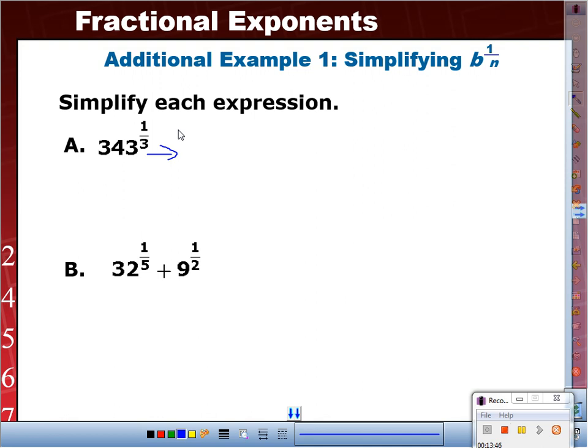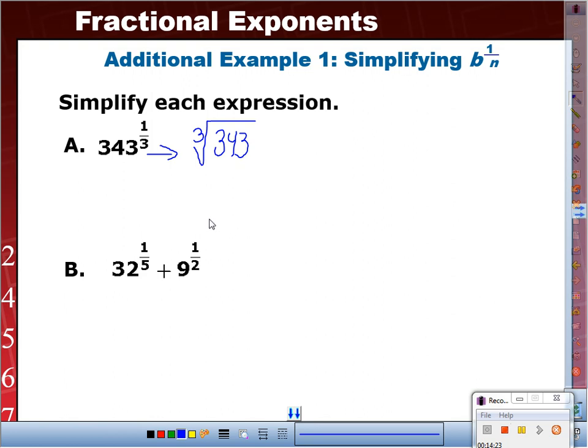Or what would be our first step? Aithne? We write this with a radical. Very good. This becomes cube root of 343. Hands if you got that.